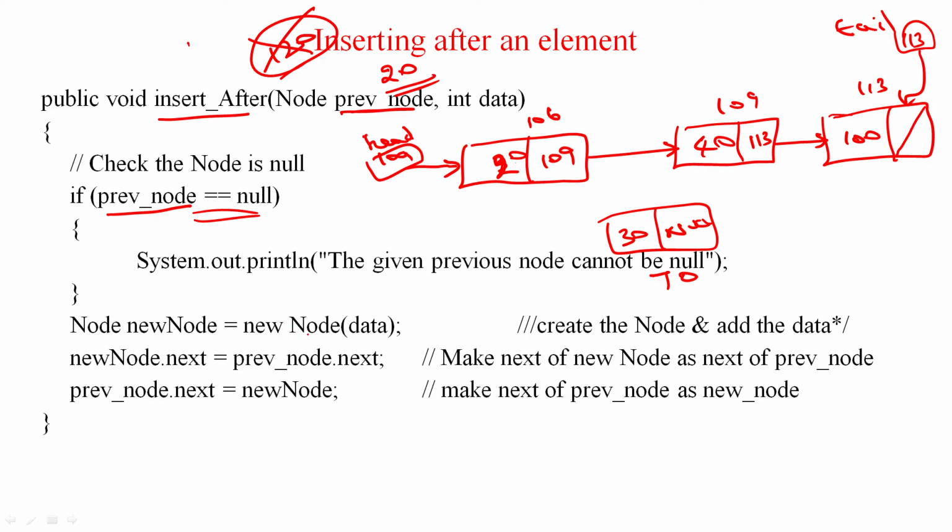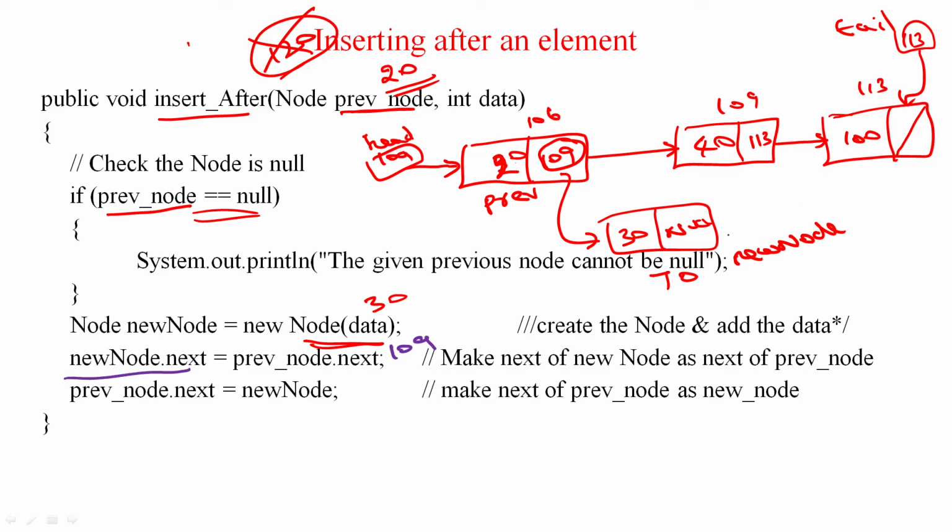Now we can create the node, so the node is now 30. Then look at this, this is the previous node. The previous node dot next, which is 109, is assigned to the new node dot next.